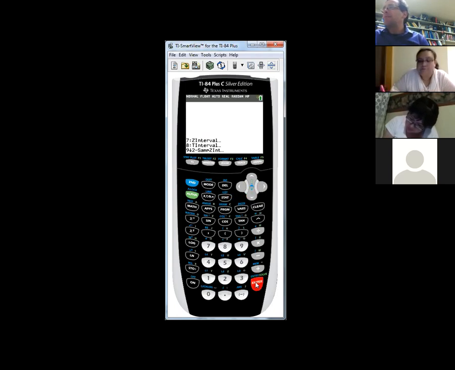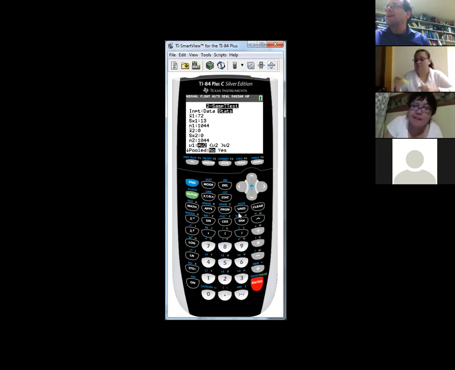And then I hit enter. And now I just type in my numbers. X1 bar was 72. Sx1 was 13. N1 was 35. X2 bar was 68. Sx2 was also 13 in this case.